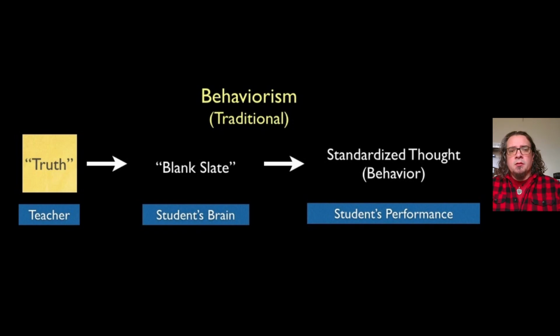We can note that, and we can see sort of a pre and a post. Or at the very least, we can see where they ended up, even if we don't do a pre, if we're not measuring growth, if we're just looking at the end point. Okay? So we have standards, and then we have standardized thought that we are asked to adhere to, which in and of itself should be seen as a problem.